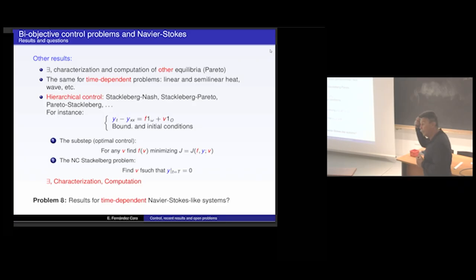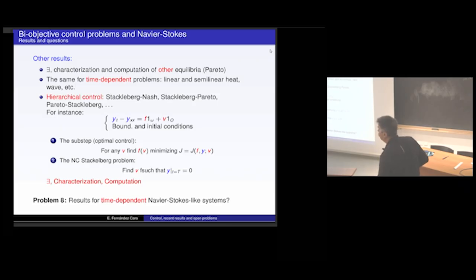This is a very interesting so-called Stackelberg hierarchical problem, in which you minimize an objective and at the same time you drive the solution to 0. You get the solution of an optimal control problem and of a controllability problem this way, okay? Etc. We can do other things, etc.